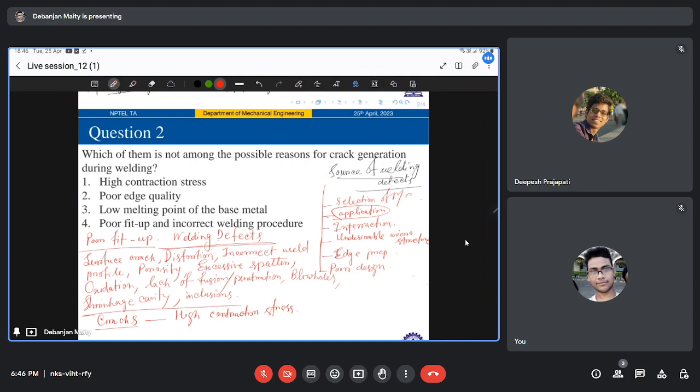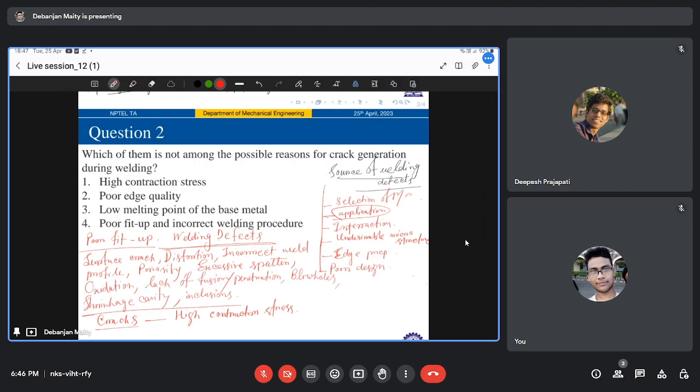When these stresses result in a value more than the strength of the metal at that particular high temperature, in that case the crack results, and then it may be because of some poor fit-up and also some incorrect welding procedures.